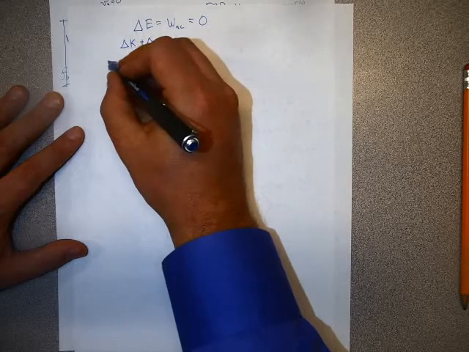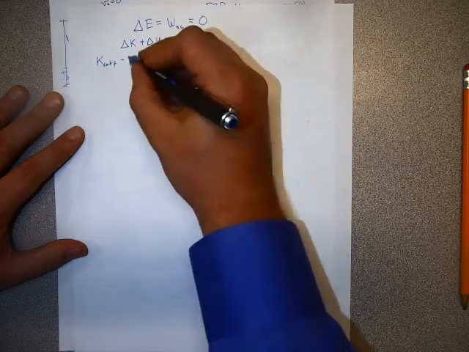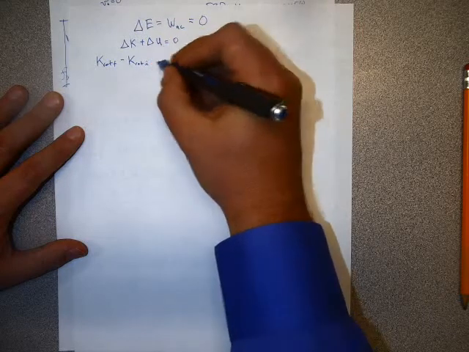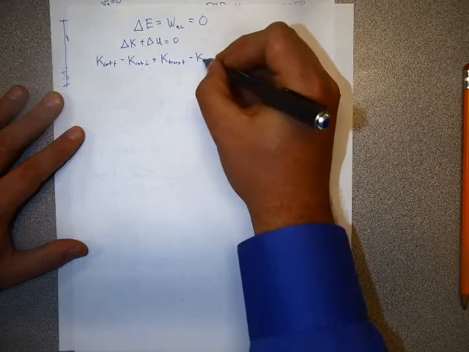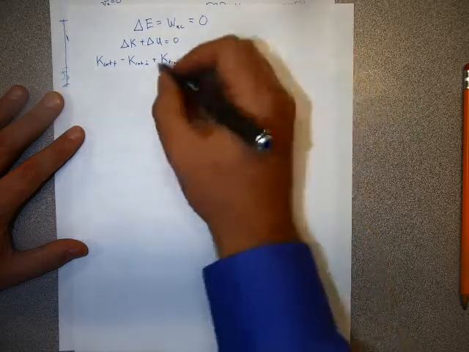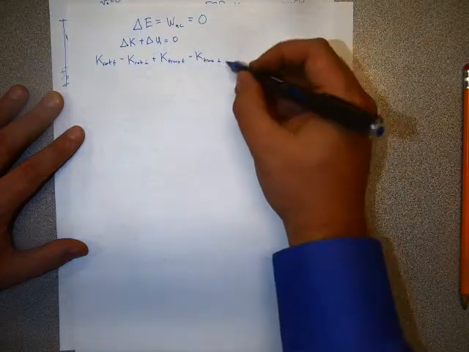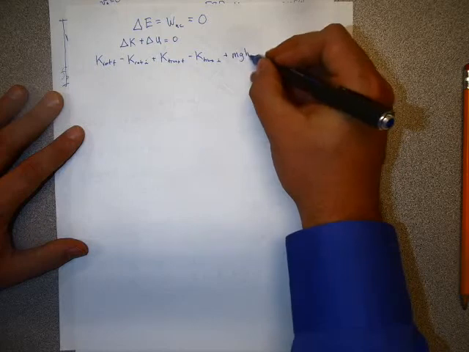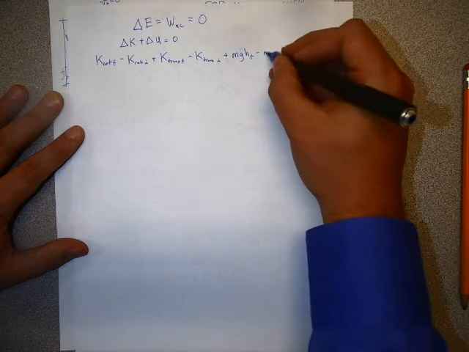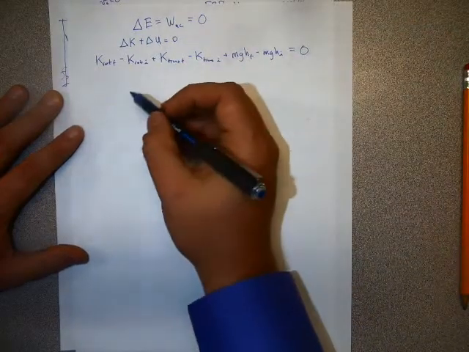So we have K rotational final minus K rotational initial plus K translational final minus K translational initial. So this ball is translating and rotating. It has two kinds of kinetic energy. The gravitational potential is mgh final minus mgh initial, and those all must add up to 0.